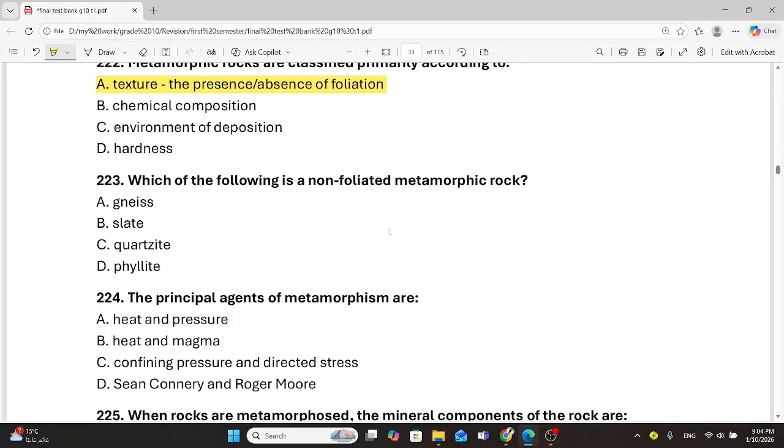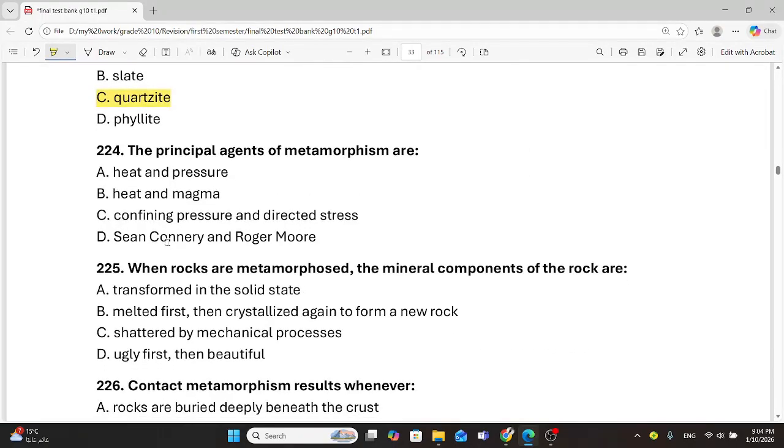Which of the following is a non-foliated metamorphic rock? الجنيس ولا slate ولا quartzite ولا phyllite. يبقى quartzite. طيب the principal agents of metamorphism are heat and pressure طبعا.